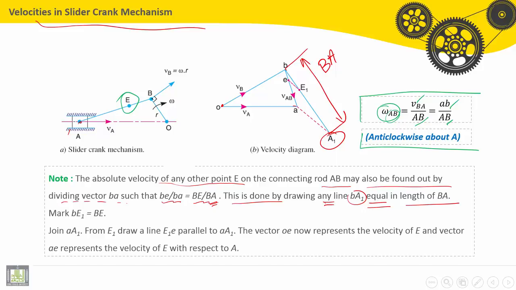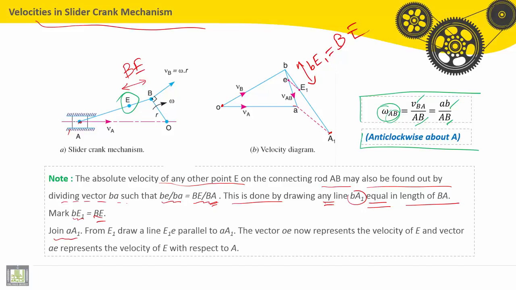Mark BE1 equal to BE distance. Join A1 by this line. From E1, draw a line E1E parallel to A1.